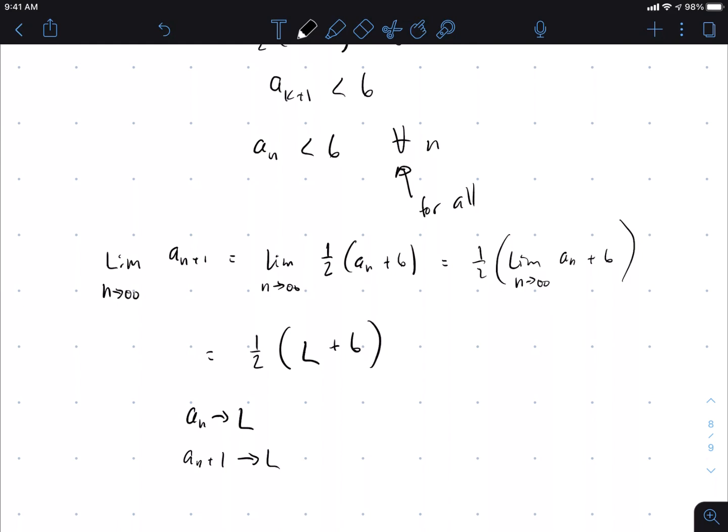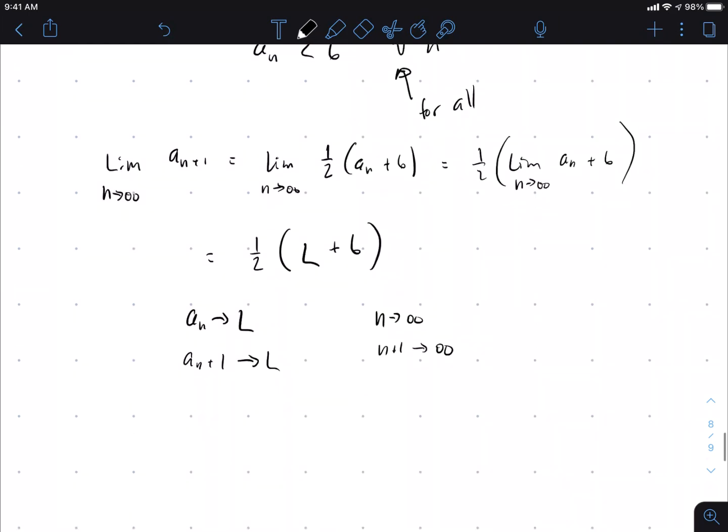Because, just so you understand the reasoning, as n goes to infinity, isn't that the same as n plus 1 going to the same infinity?